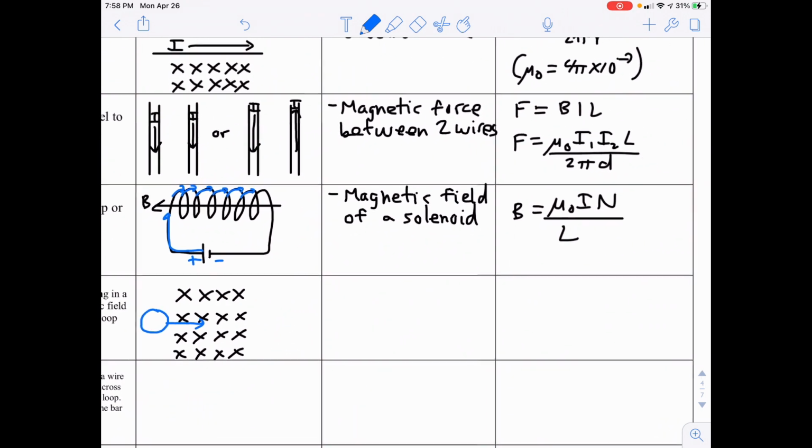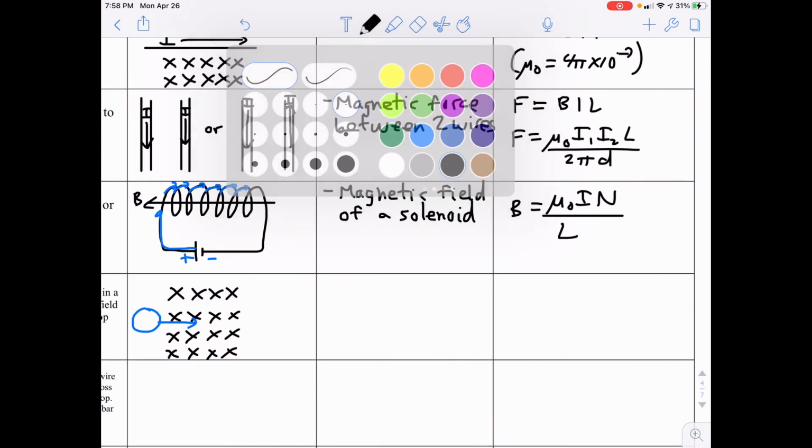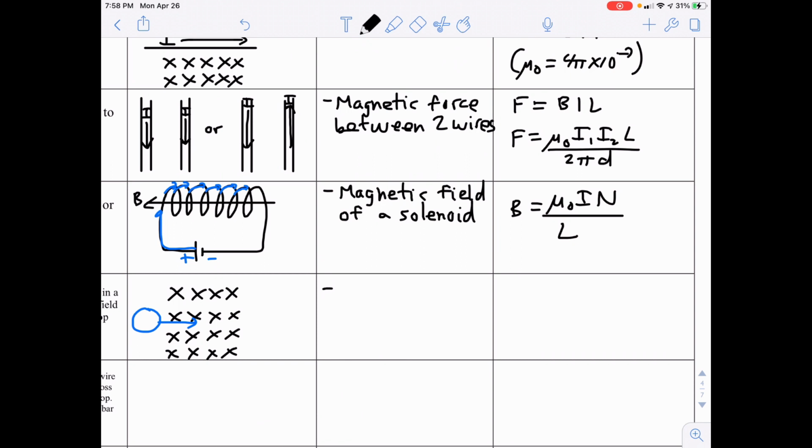As we do that, we're going to be dealing with the following concepts. One, we're dealing with Faraday's law. Two, you're dealing with the concept of magnetic flux. Three, we're dealing with Lenz's law.